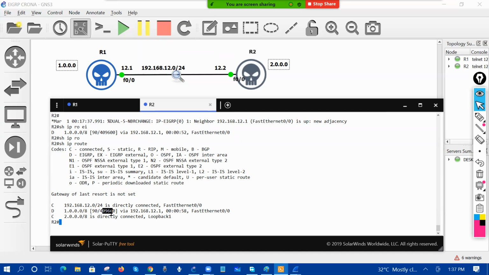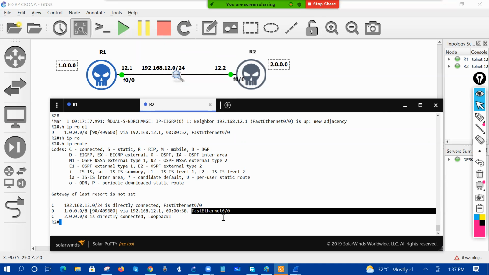I'll explain the metric concept later on. Now I'm receiving this route from which neighbor? 12.1, 58 seconds ago, on which interface? On my R2 interface 0/0. So R1 is sending this packet to R2, and in this packet they have this information, and R2 receives it on this particular interface from neighbor 12.1, that is this guy.